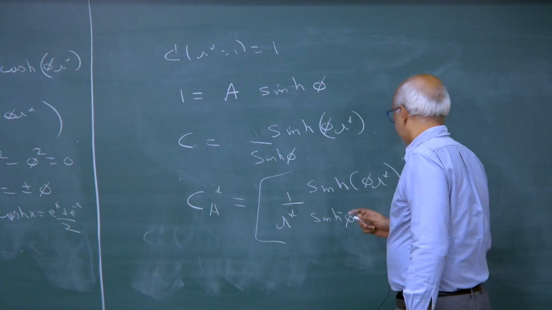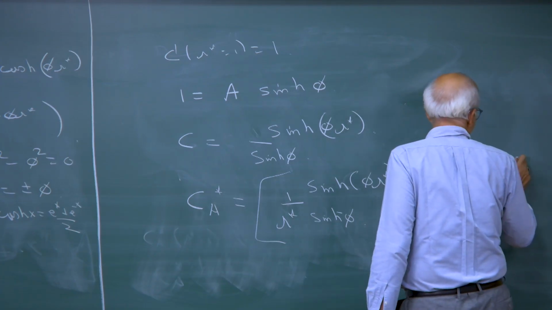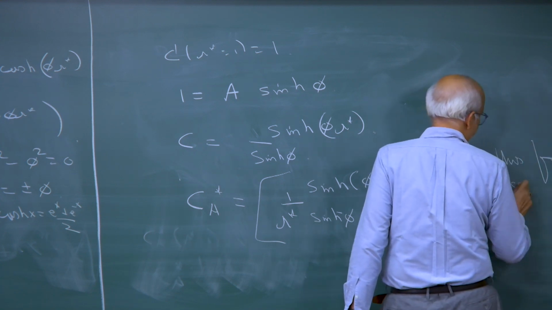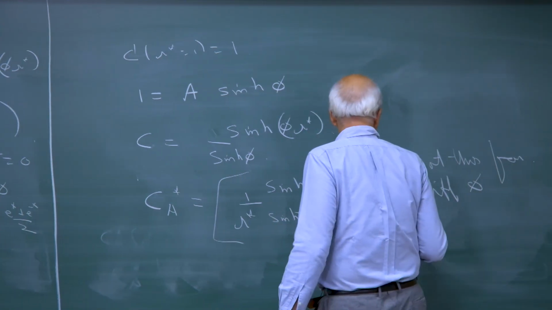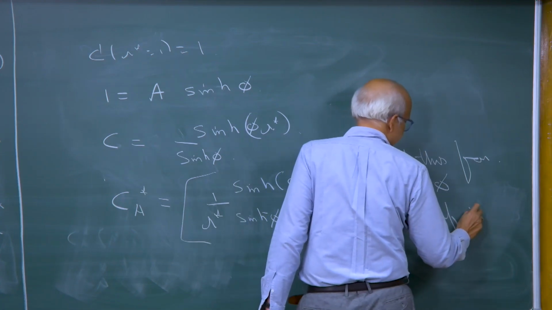So my suggestion is plot this for different phi, because phi is some positive constant, as a function of r star.